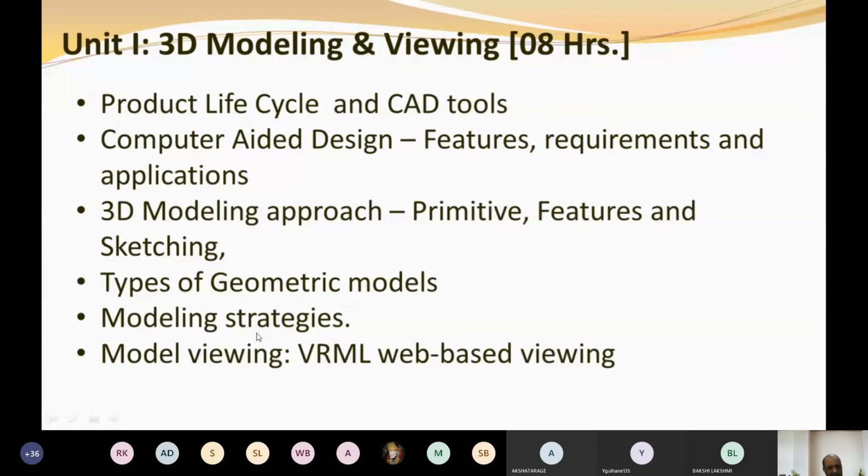In that case, we can take a screenshot or generate the drawings, but for visualization purposes, solid modeling software has a facility to revolve and rotate. A similar facility you will get in model viewing, VRML, web based viewing, where the actual solid model will not be there.